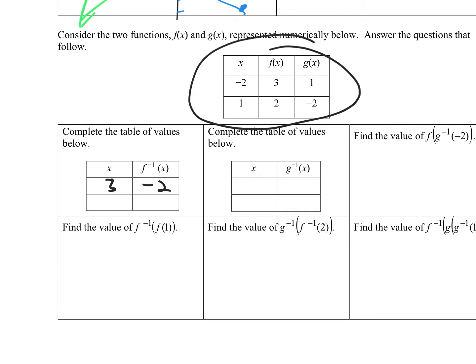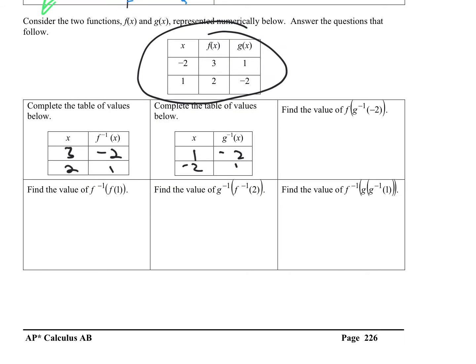That's where she flipped the x and the y of the f function. You get it, guys? Now we're going to do the one for g inverse. We must be doing exactly the same work: we flip the x and the y of the g function. So what does that give me? 1, -2. And the other was -2, 1.